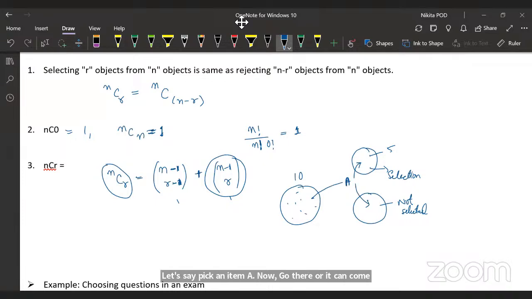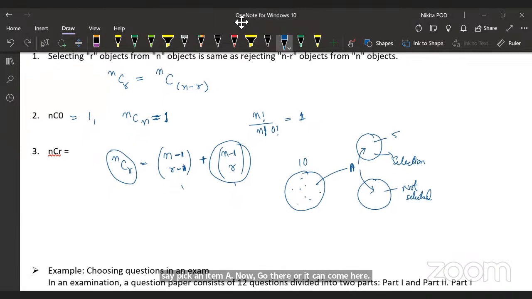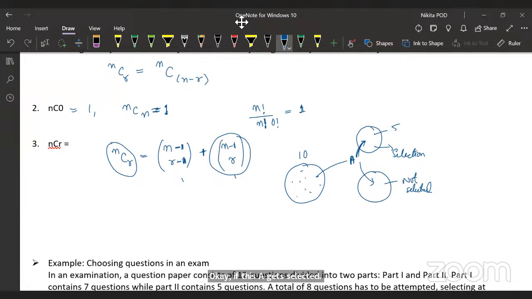If I fix one, let's say this A gets selected, then how many objects are left? We have 9 objects left. And out of 9 objects, now I need only 4 objects. This is one possibility. Now, if A is not selected, still I have to fill 5 objects here.